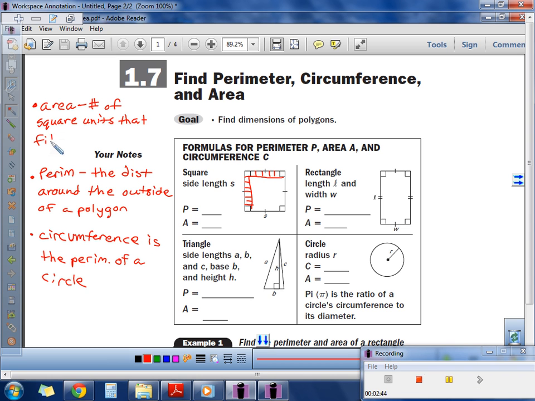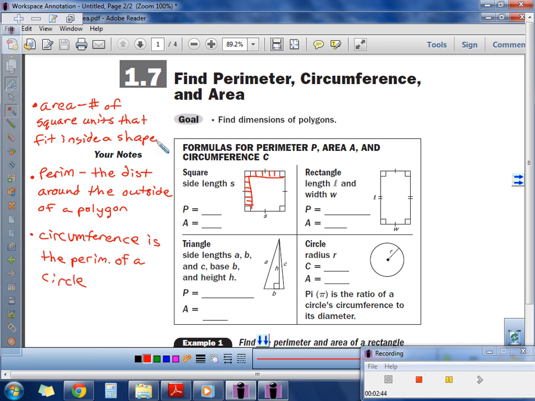And I didn't just limit it to polygons because a circle also has area, so it's a rounded shape. It's not a polygon, but it still has area.